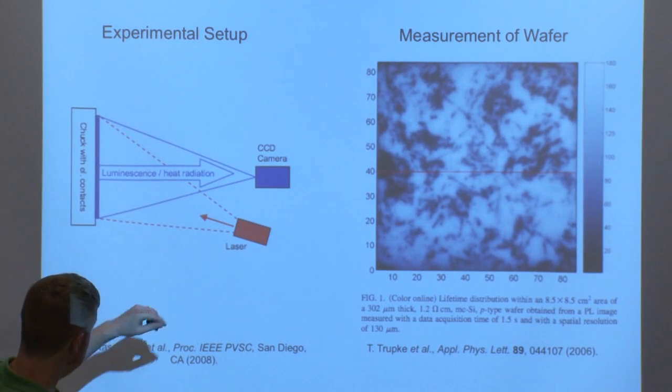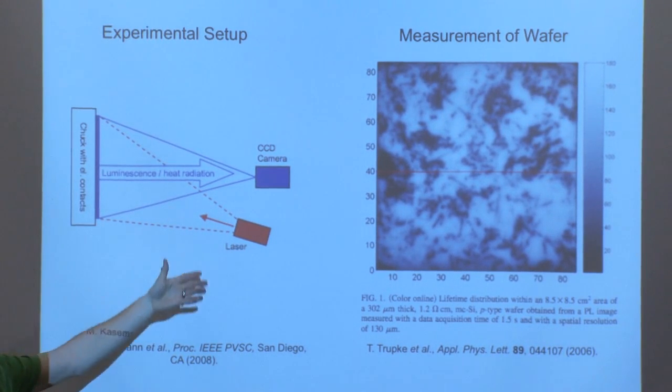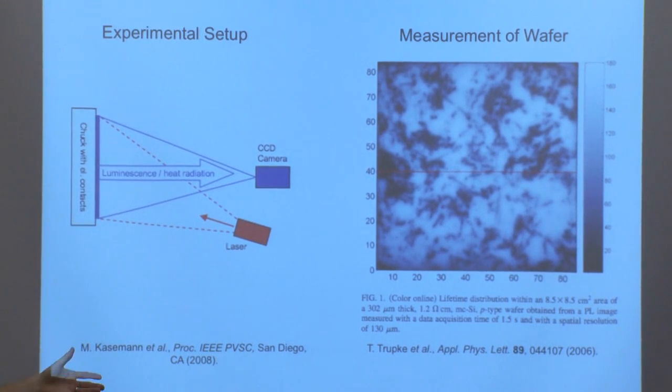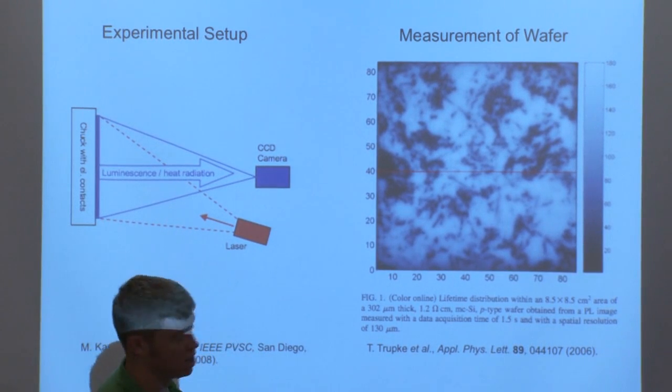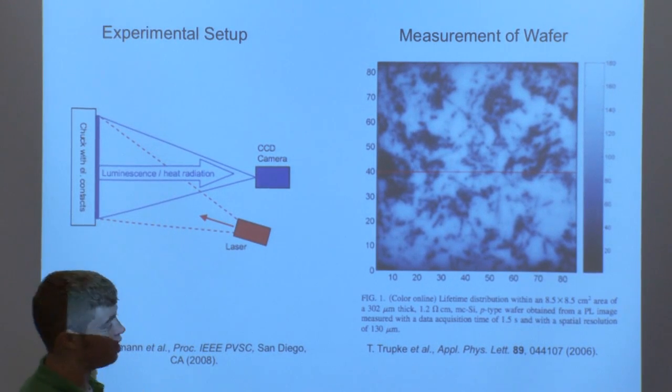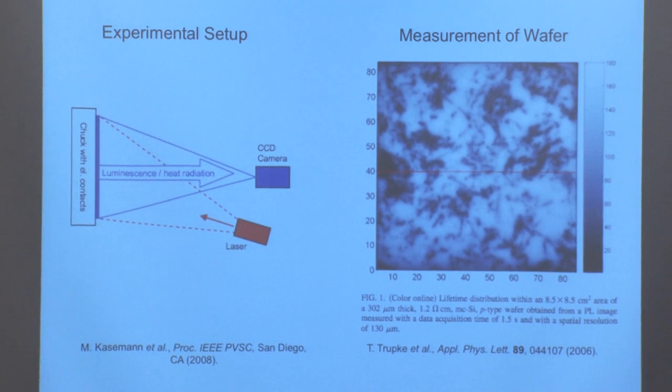As we begin to see recombination, when radiative recombination happens, we emit a photon. That can happen in certain areas better than others, and a lot of it depends on defect density and other lifetime-limiting defects. It's a good way to spatially locate where problems are in your solar cell.